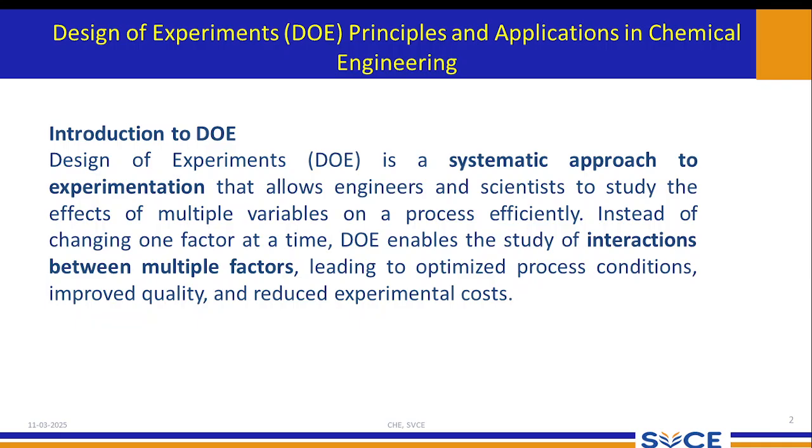What is the effect of these variables on the dependent variable? Let's say the dependent variable is efficiency or yield. In that sense, we are going to do the design of experiments correlating the effects of different variables on the yield.